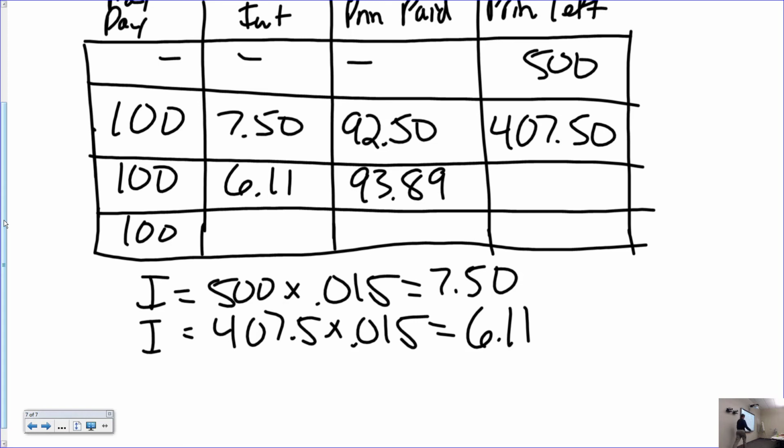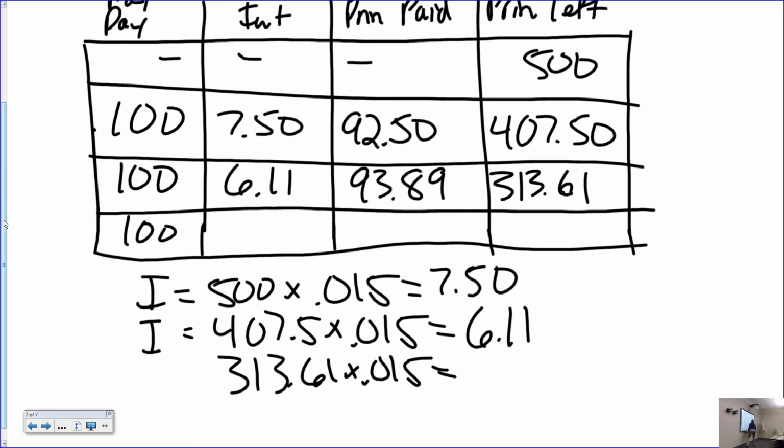Subtract the $93.89: 313.61. Rinse and repeat. 313.61 times 0.015. How much interest in the last month? 4.70. Awesome. 95.30. 218.31. There you go.